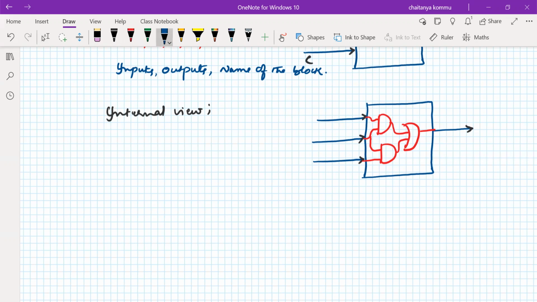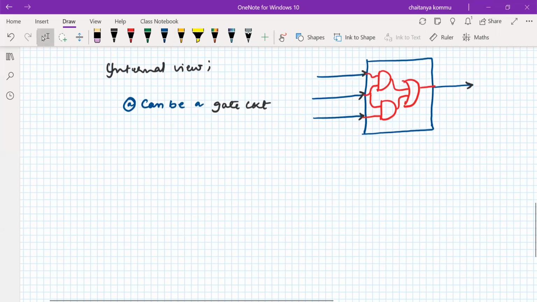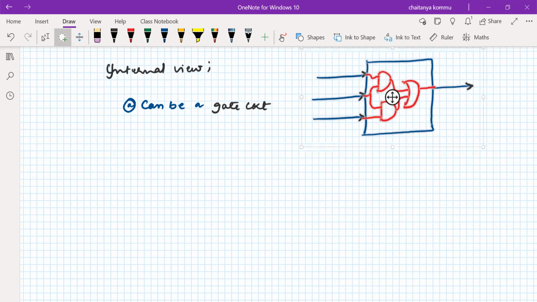What is the first one? The internal view can be a logic gate circuit. Gate circuit can be there, or sometimes people will visualize this in another way.